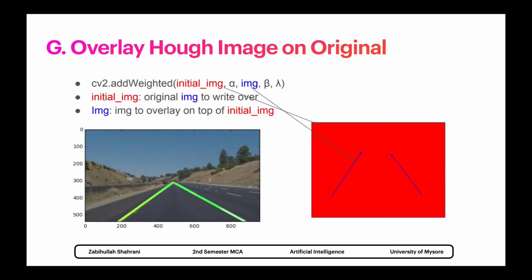And now comes the last step. In the previous step, we created our Hough Transform image. Now, as I told you in the beginning, for the people who work on Photoshop, and I usually work on Photoshop because I like photography, we will be overlaying the Hough image on the original image.